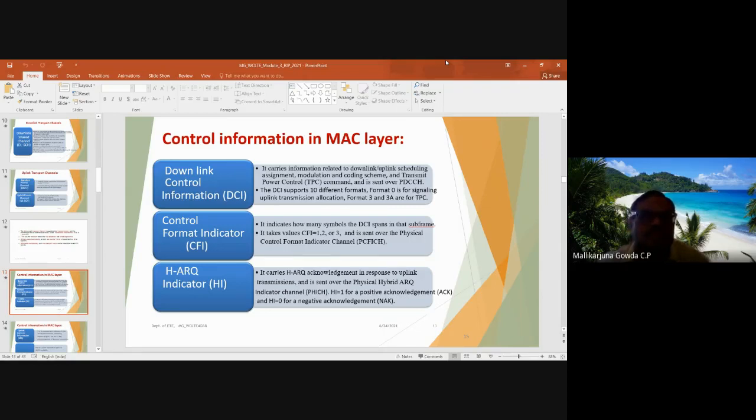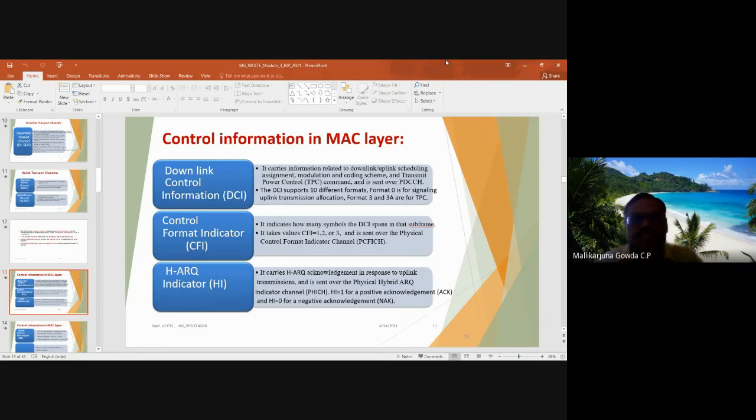Okay, the first one is the downlink control information. In short, we denote it as DCI. This control information carries information related to downlink or uplink scheduling assignment, modulation and coding scheme, as well as the transmit power control command.